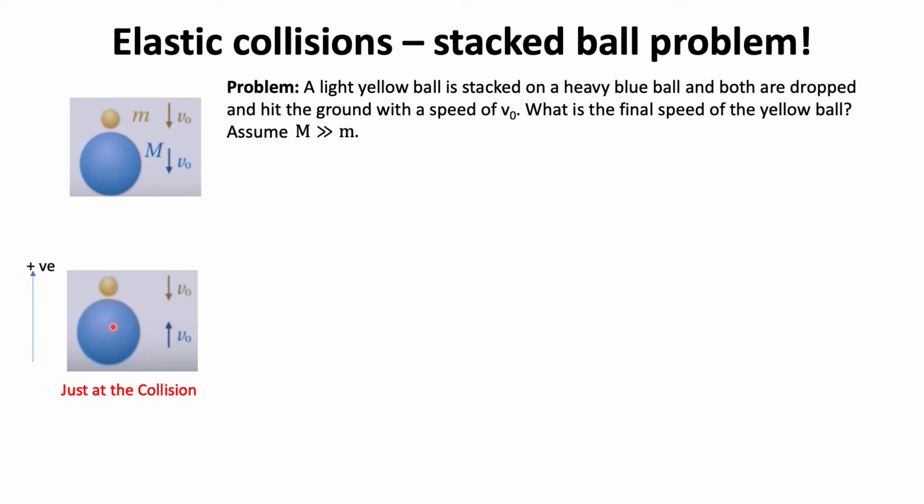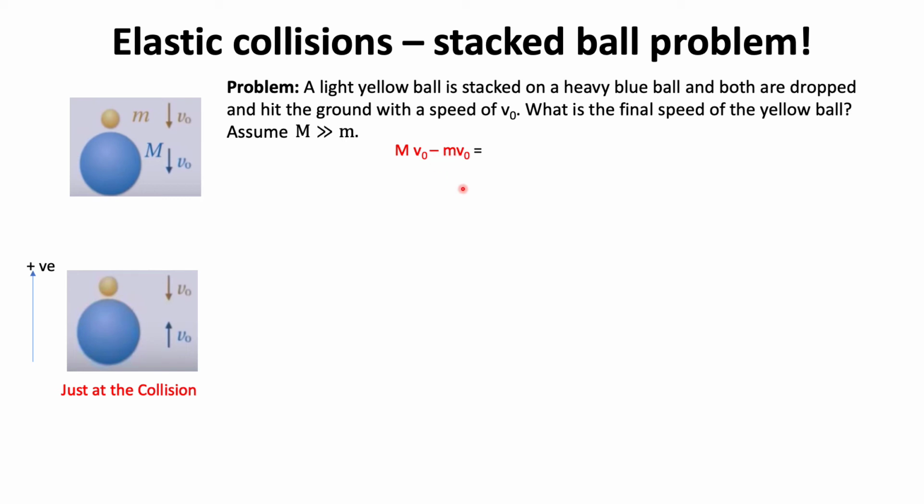Let us choose our coordinate system and take the upward direction to be positive. Okay, so let's apply the conservation of momentum before these balls hit the ground. So just before collision, v0 is positive for capital M and it's negative for the small ball. Okay, so this is our equation and you understand the negative sign, right?